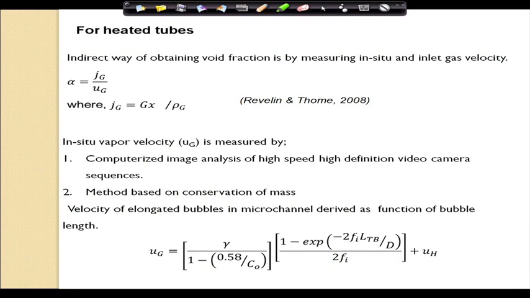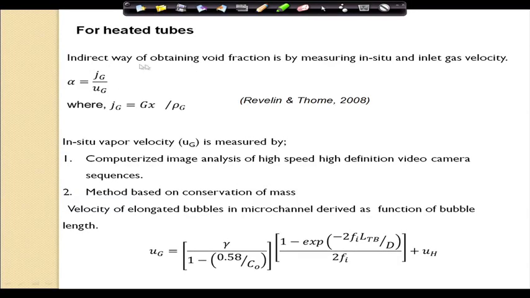As I have told you, for adiabatic cases, photography is the more commonly used technique, the other techniques are not so much used, and a lot of the counterintuitive phenomena which we observed were attributed to the errors involved in the measurement of very thin films or fast moving slugs, etc.